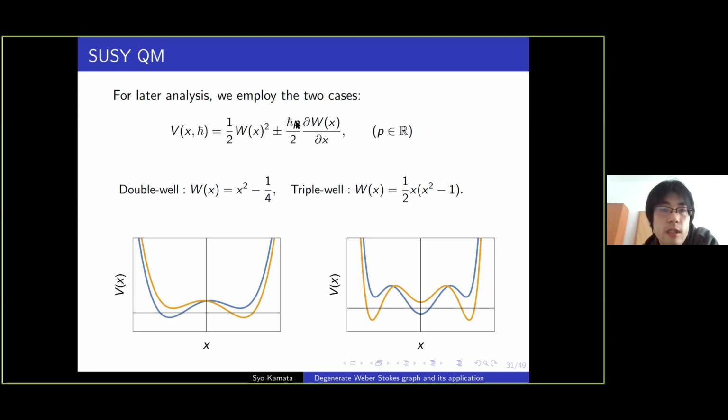And because of this, the plus minus P proportional to H bar, this minimum is going down or going up. So this distance from 0 is proportional to H bar. And also here is the graph of the triple well, and this distance is also proportional to H bar. So if you fix P equals 0, this is nothing but the usual double well and triple well.